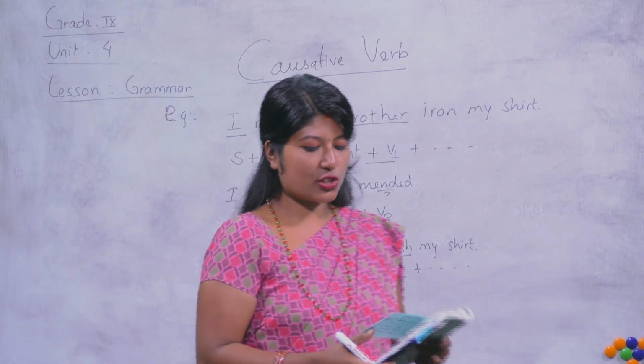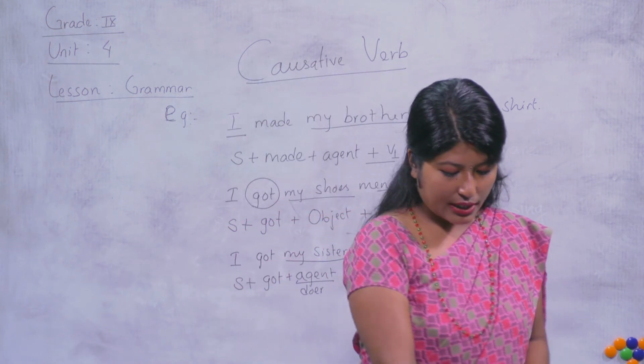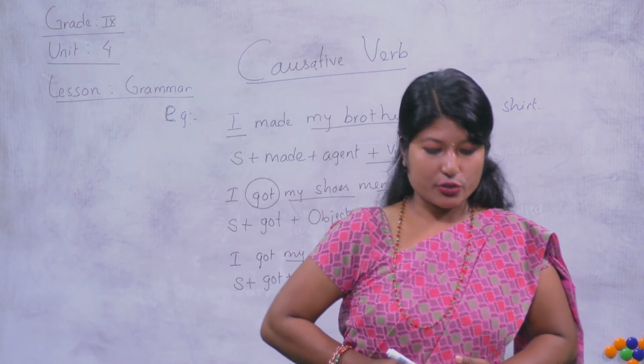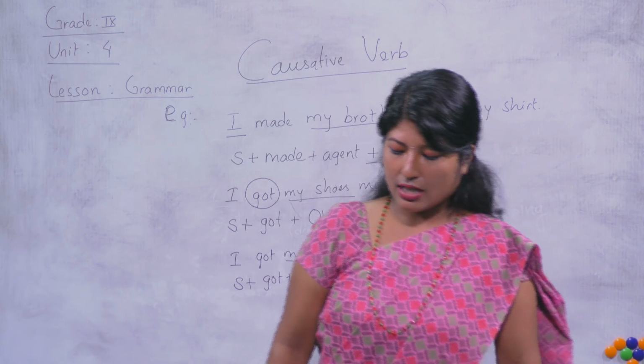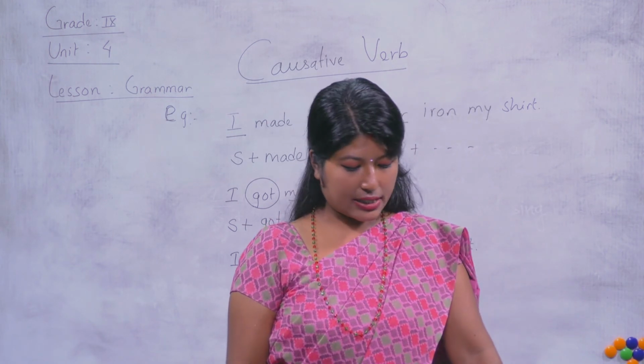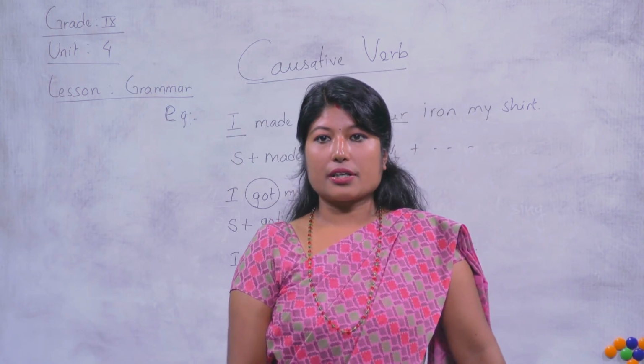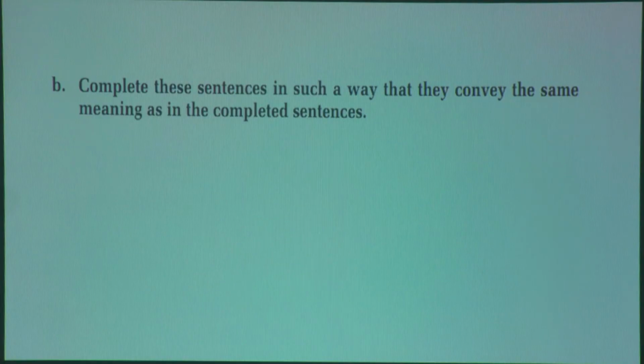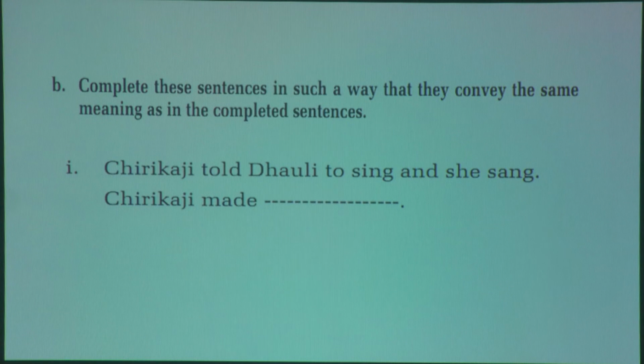If you remember these structures simply, then it will be very easy for you to do the exercise. So let's do some remaining exercises. Complete these sentences in such a way that they convey the same meaning as in the completed sentences. Number one: Chirikaji told Dhauli to sing and she sang.